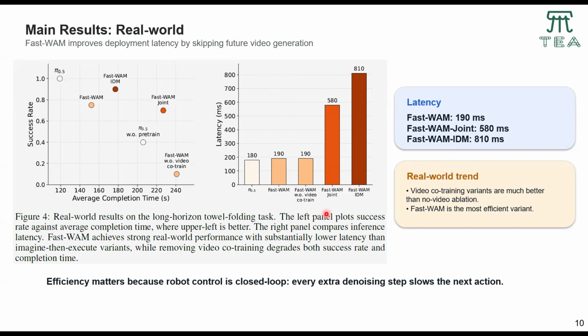And also, the Fast-WAM model is the most efficient variant, which means it is much more suitable for real-time robot manipulation tasks.